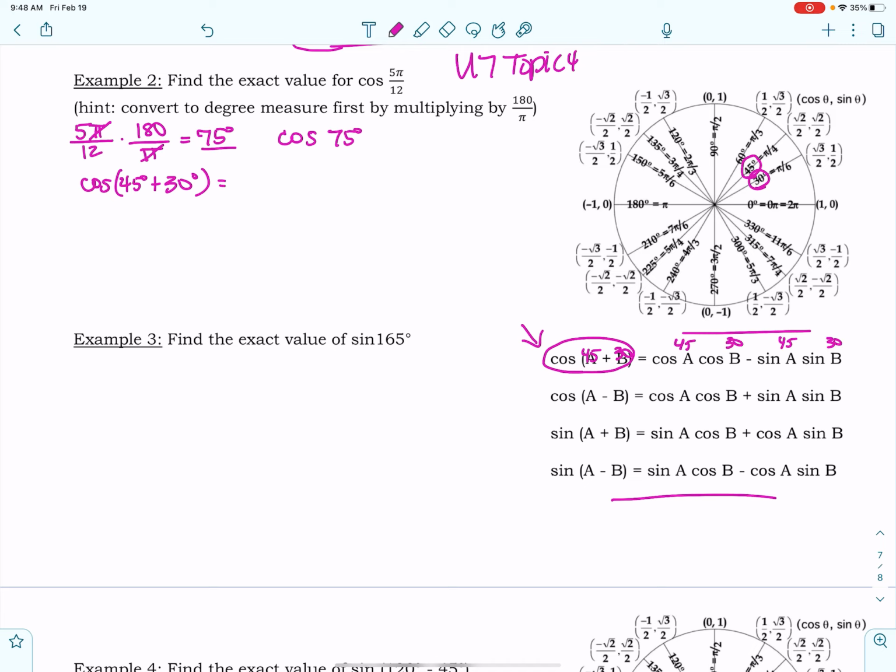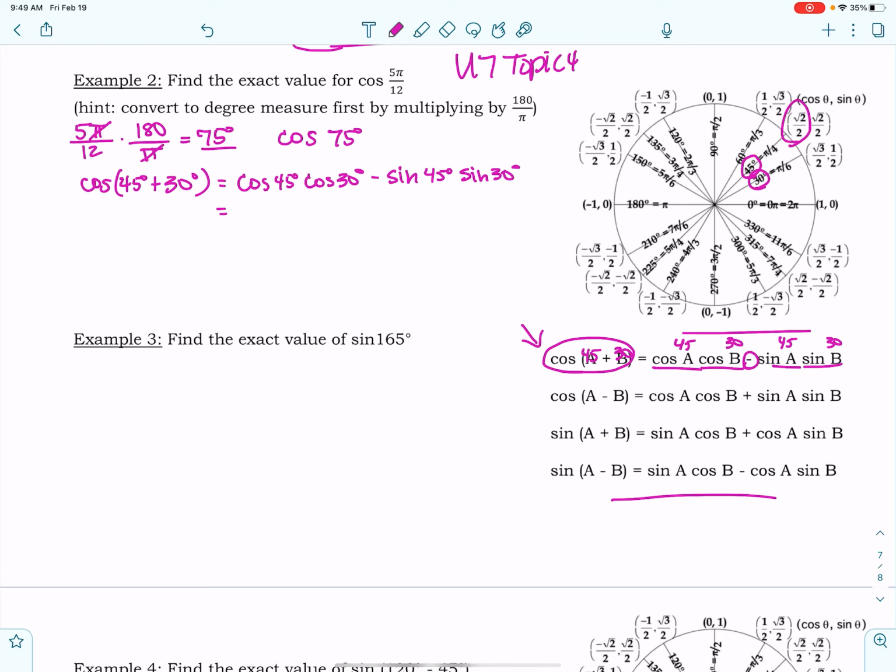So A is going to be 45, B is going to be 30. So I am going to rewrite this as cosine A, so cosine of 45 degrees times cosine of 30, minus sine of A, which is 45, times sine of B, which is 30. Okay, visit your unit circle.